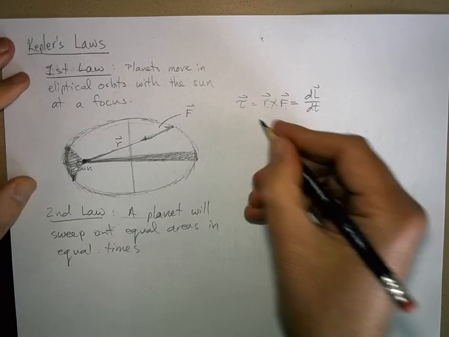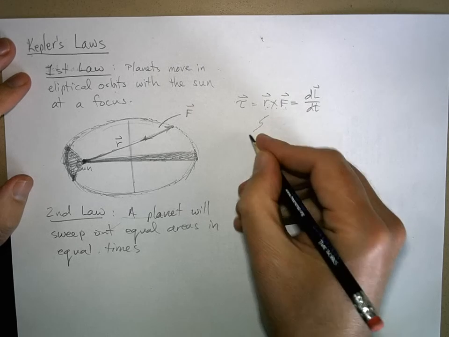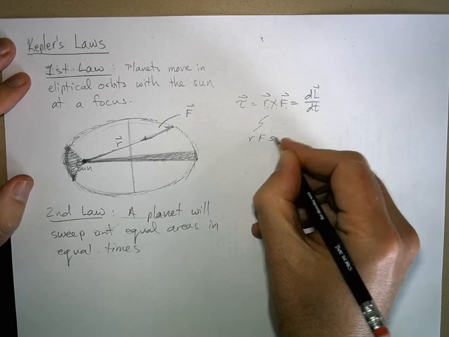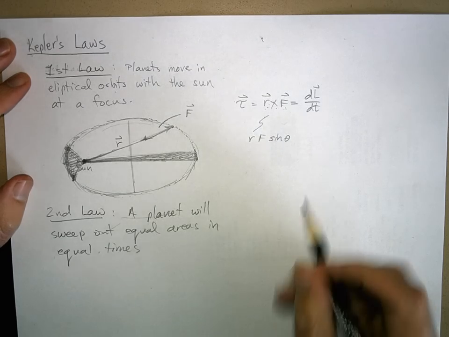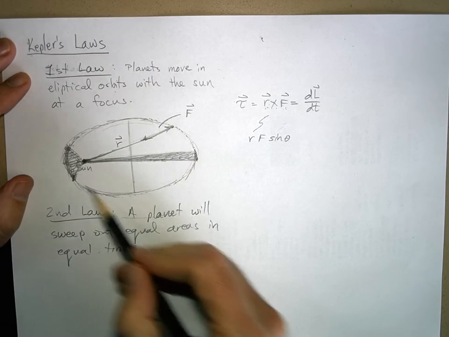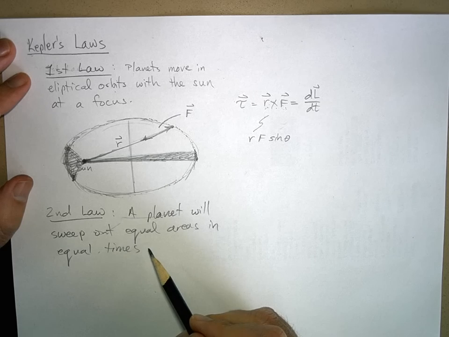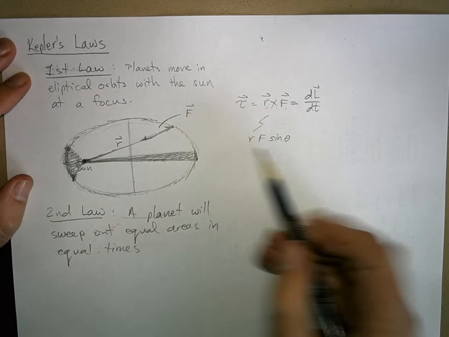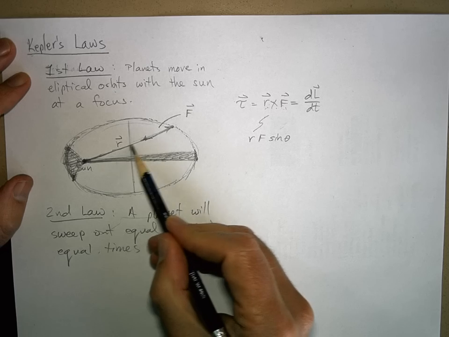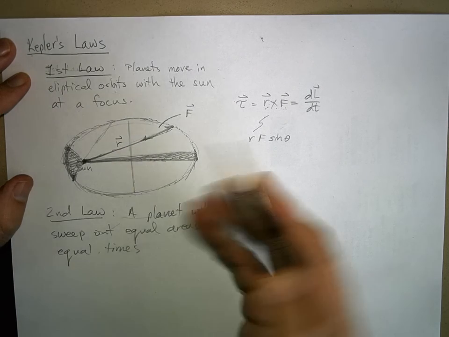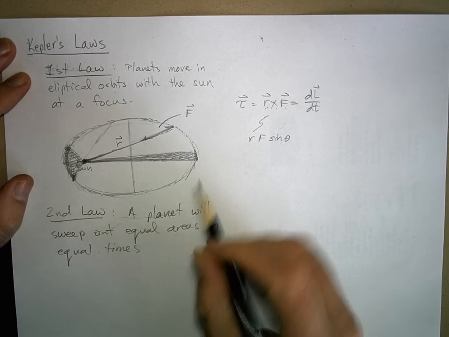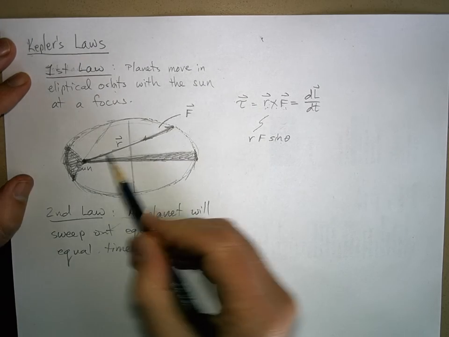Well, think about the definition of cross product. It's r times F times the sine of the angle between r and F. What is the angle between r and F, no matter where you are in orbit around the sun? Well, let's see. Here's r, here's F. It's 180 degrees. The angle between r and F is 180 degrees.